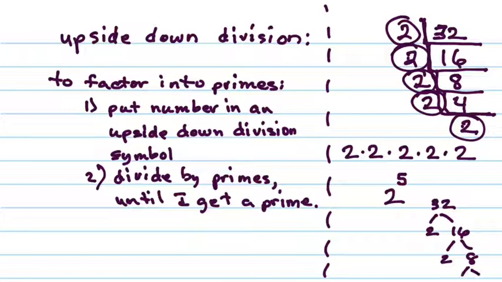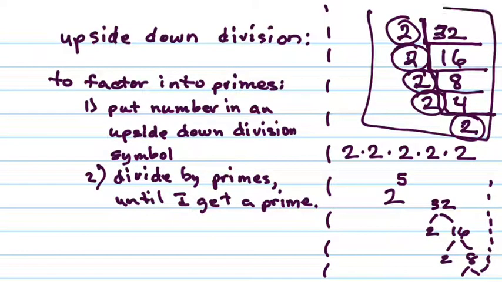But if you got to here, then you would start writing up and down on the side of the page and sideways and on another page and everywhere else. Ugh, makes me crazy. So the only difference here, the method is the same. This method just keeps you organized. It also allows you to do more than one number at a time, which is something that we'll see later.